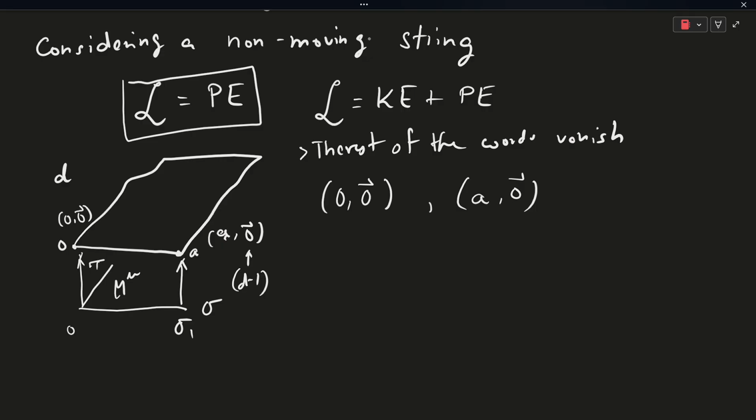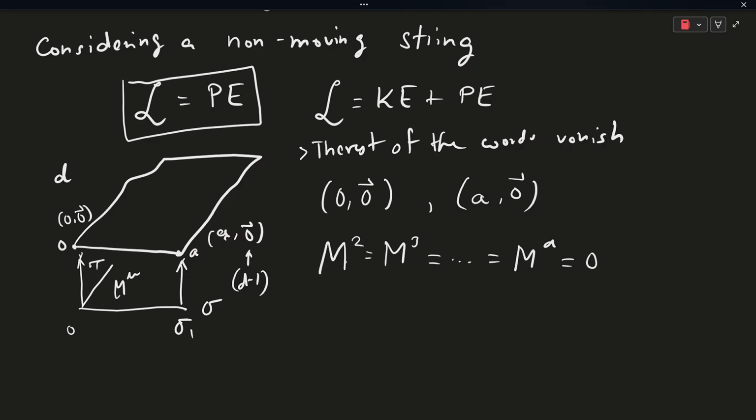So again, because we assume that all the other coordinates vanish, it would hold that my M2 and then my M3 and then up to my MD are equal to 0.